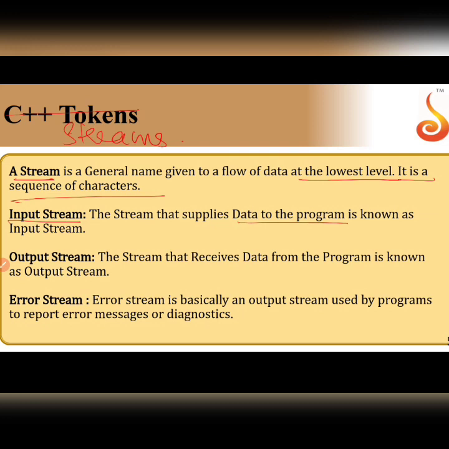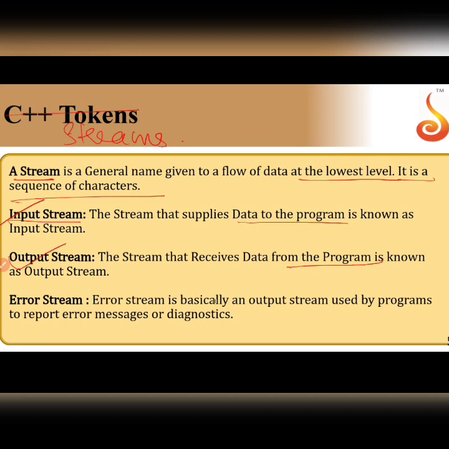Then the output stream is the stream that receives data from the program. From the program is output, to the program is input.